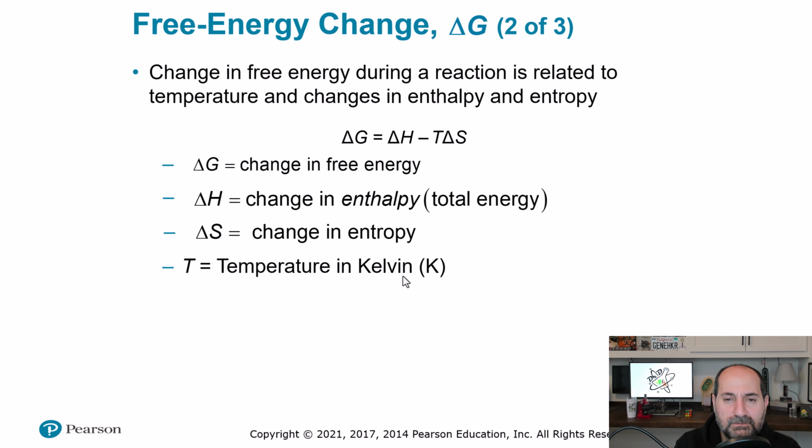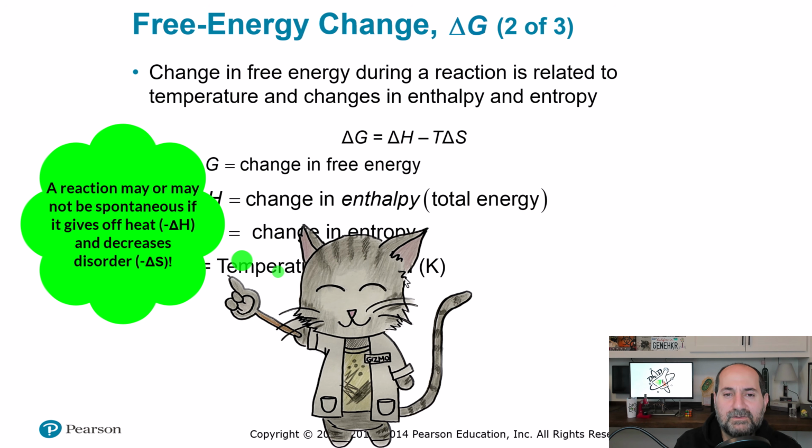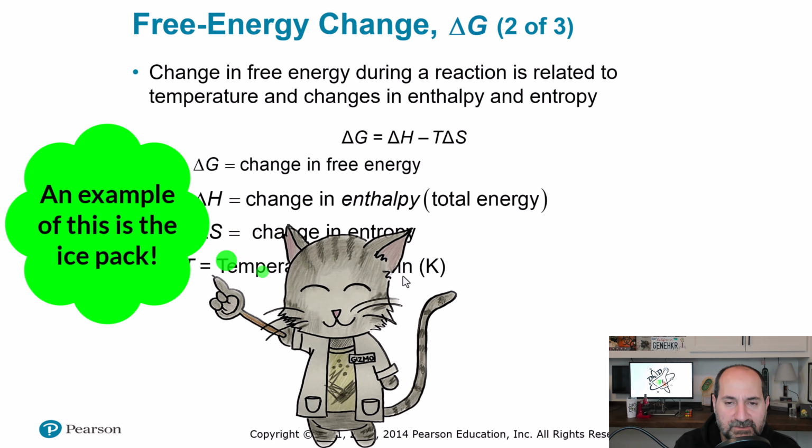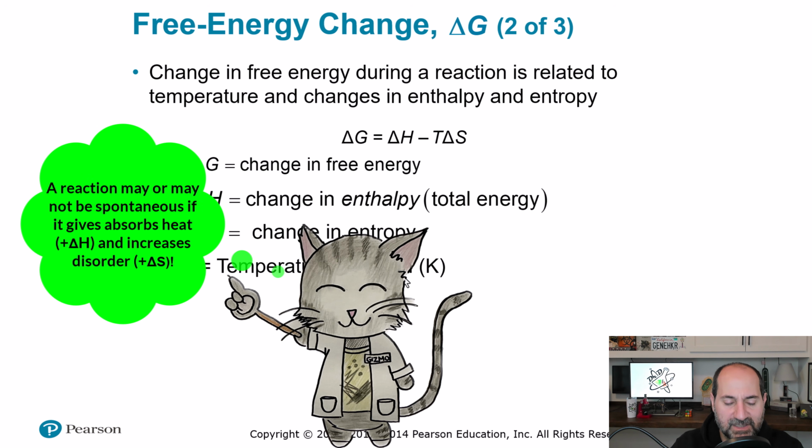So in this case, it would have a negative delta H and a negative delta S. All right, another situation in which you would not know exactly which way delta G might be going is a reaction where you're absorbing heat and increasing disorder, which means you have a positive delta H and a positive delta S. So recall that from the video.